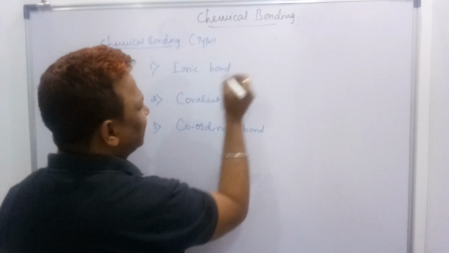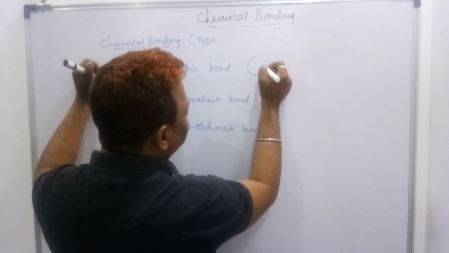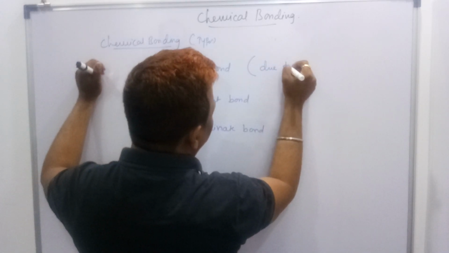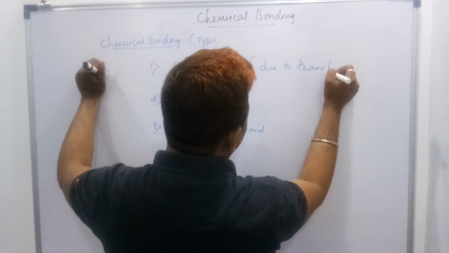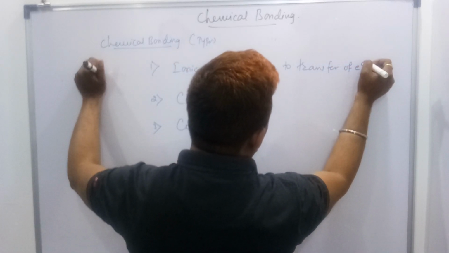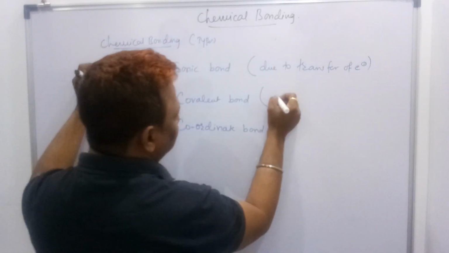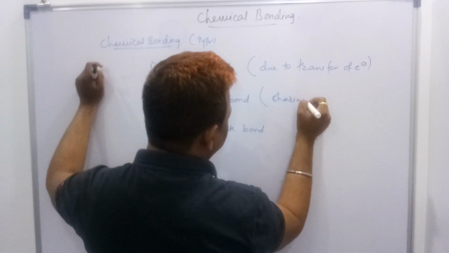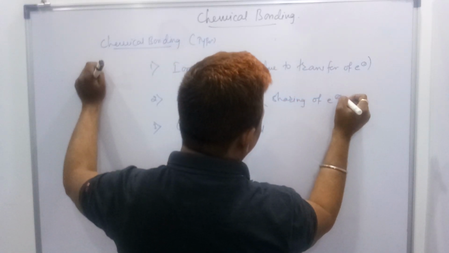I will tell you in a very simple way. Ionic bond: the bond which is formed due to transfer of electron. Covalent bond: the bond which is formed due to sharing of electrons.